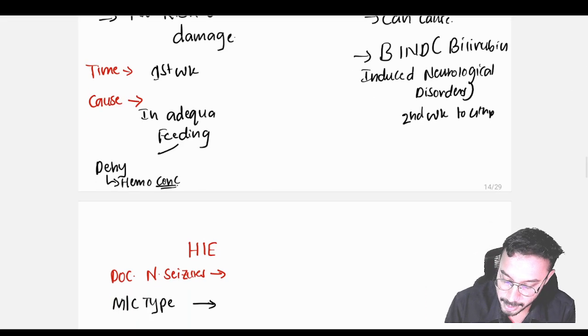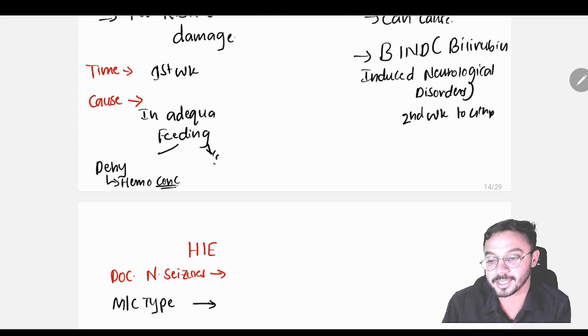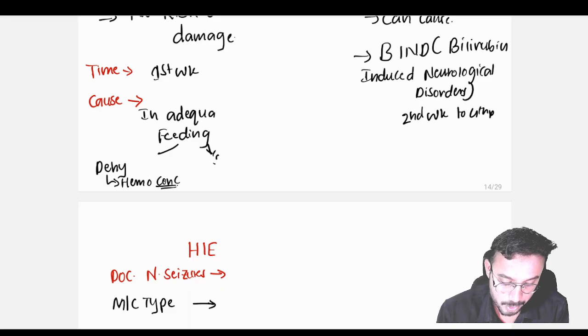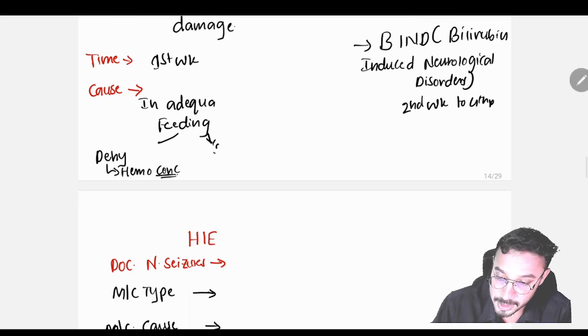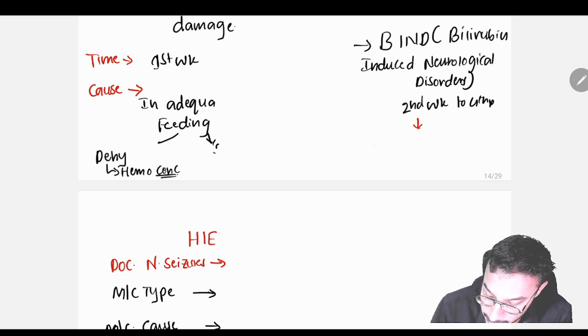Okay? And if the feeding is inadequate, the stool volume also decreases, which leads to increased enterohepatic circulation, and that contributes to jaundice in a baby. So what is the cause of breast milk jaundice? Tell me. It is substances present in the breast milk.